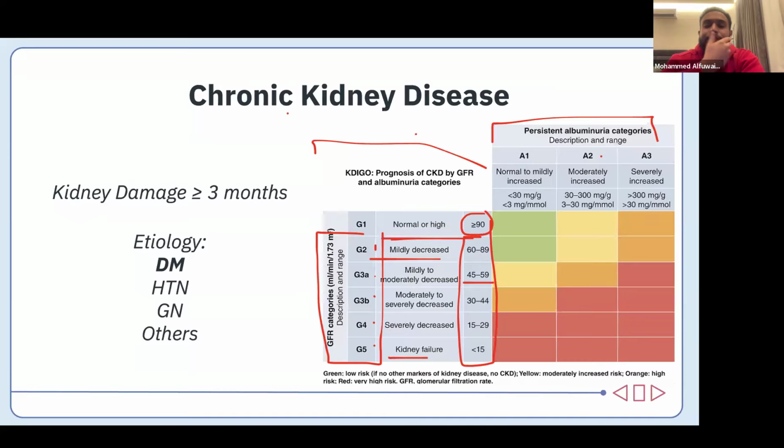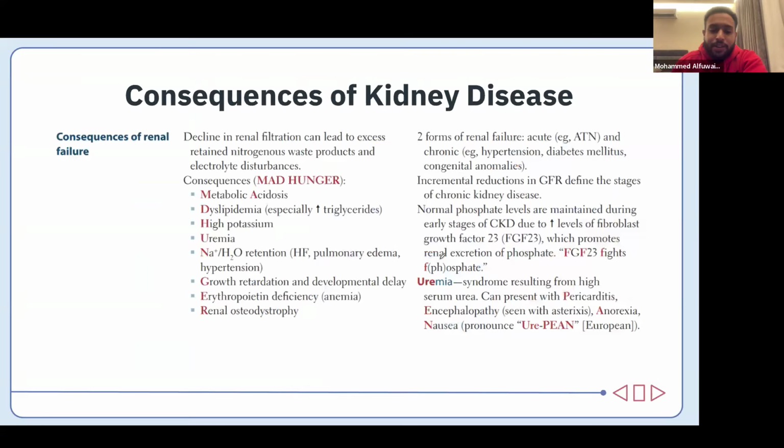I think the brown tumors, yes. Is there more? There should be, but no, we got all of it. All right. Know those consequences of chronic kidney disease, all that we just mentioned.